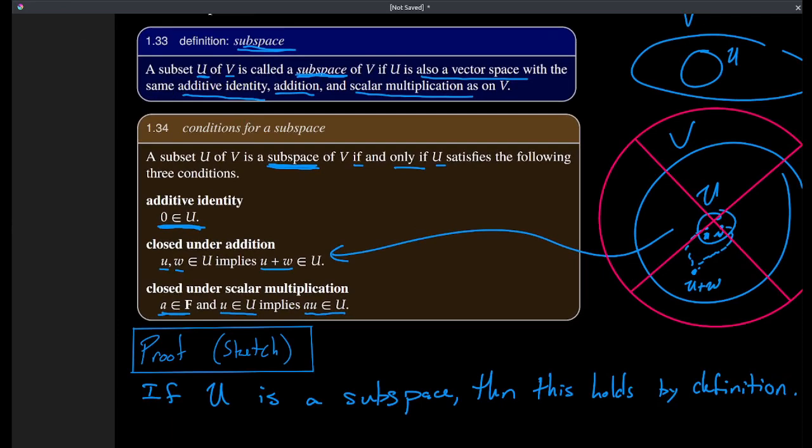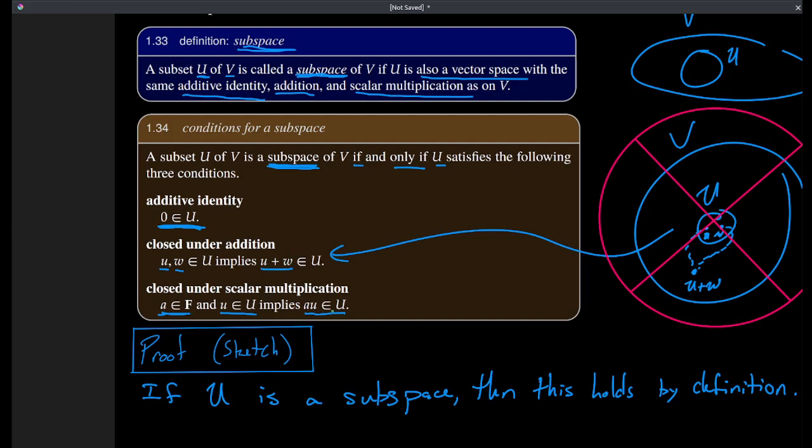It has to have the same additive identity, so obviously the additive identity has to be in there. It has to have the same addition, so obviously if it's a subspace, then that addition is a binary operation. Okay, and that implies the second condition right there, since if this lay outside of U, it would not be a binary operation on U.